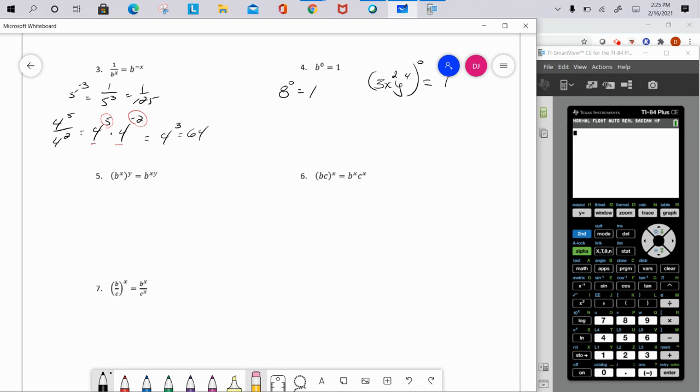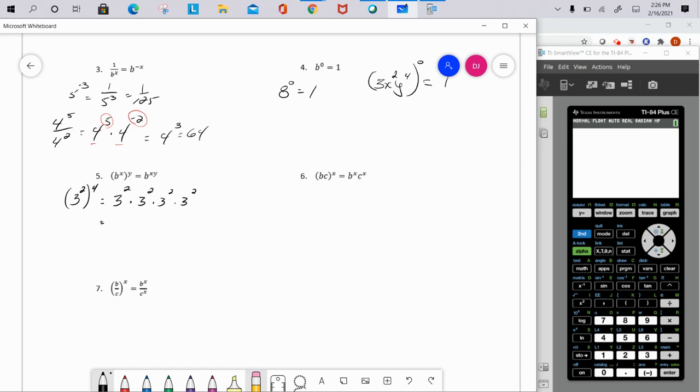Rule number 5 is related to rule number 1, but it's not exactly the same, right? So this one, suppose I have not 3 squared times 3 to the 4th, but 3 squared to the 4th power. That's the same as 3 squared multiplied 4 times.